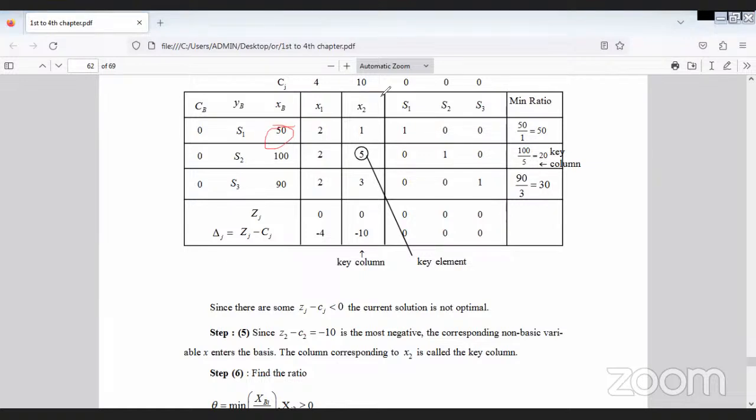I am asking you, 50, sir, 50. What is this round, 20, sir. The lowest element is the key column, right? The highest element is the key element, the lowest element is the key column. Clear? Yes, sir. 50 minus 20, how much? 30.